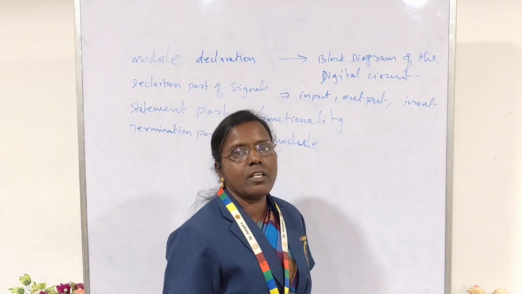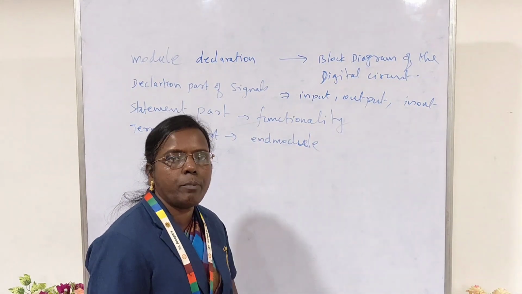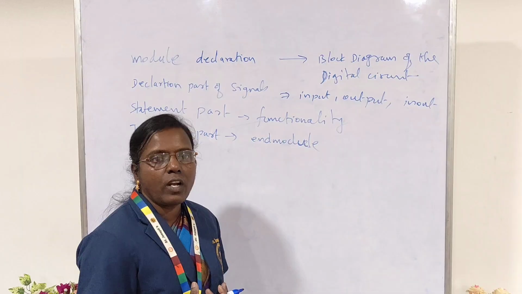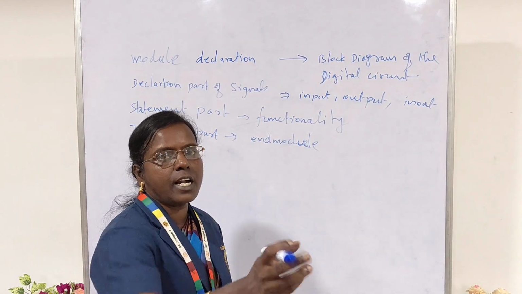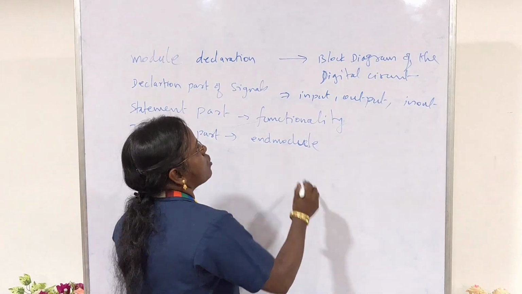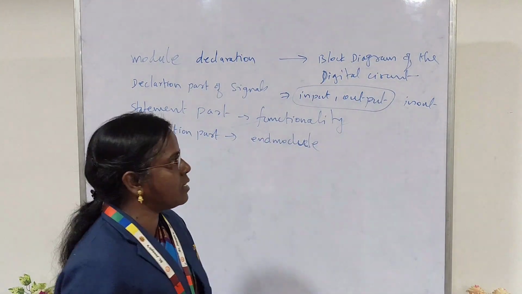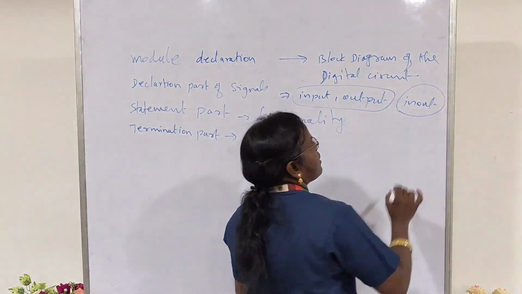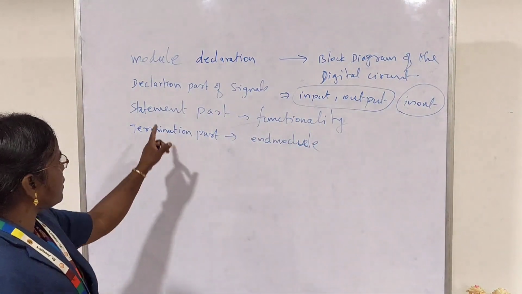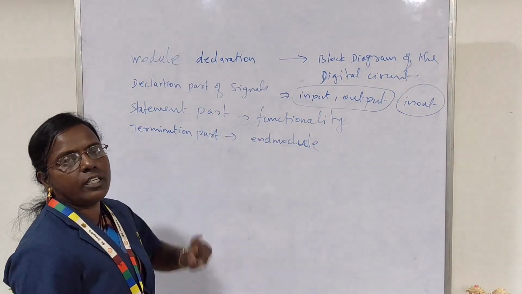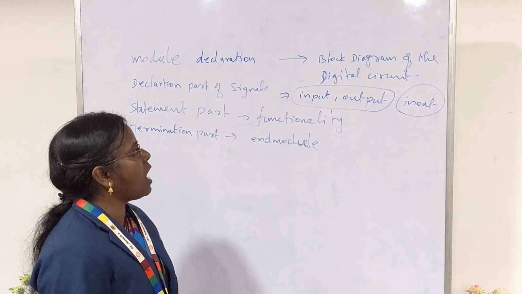Inout is a bidirectional signal, capable of receiving input from the external world as well as generating output to be transferred to the external world. So input and output keywords are used for unidirectional signals, and the inout keyword is used for declaring bidirectional signals. In the statement part, we describe the functionality of the hardware circuit.